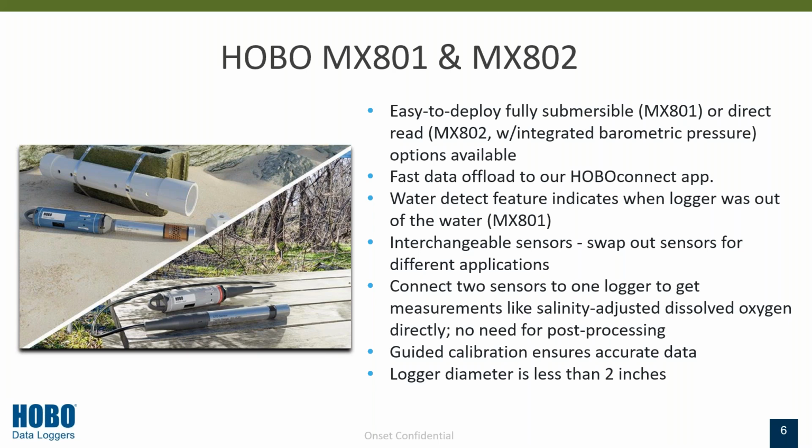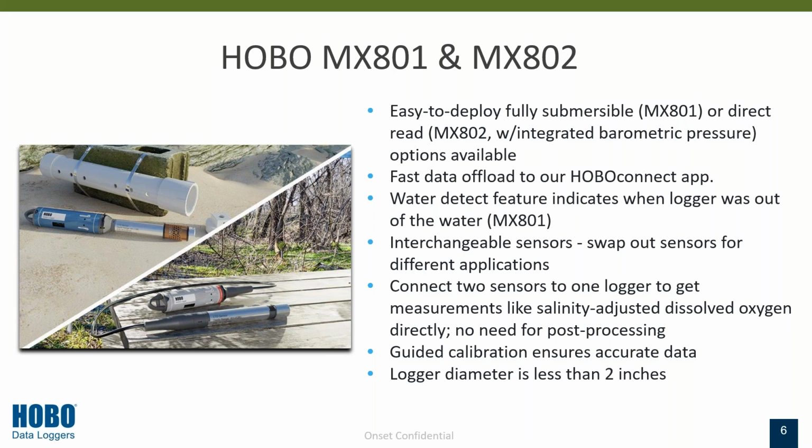The other loggerhead option is the MX802. That is our non-submersible logger, and it comes with a built-in barometric pressure sensor to allow for your water level monitoring. Again, this does have Bluetooth capabilities, so it's going to provide easy offloading, and it does have interchangeable sensors.